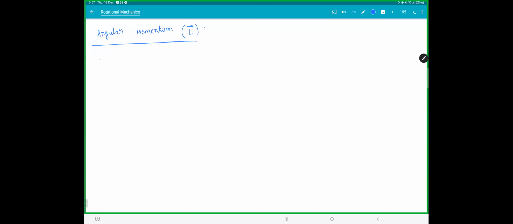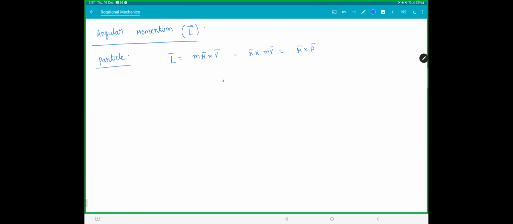So, first thing, if you take a particle, the angular momentum L bar is given by m r bar cross v bar. This can also be written as r bar cross m v bar. m v bar is nothing but momentum.